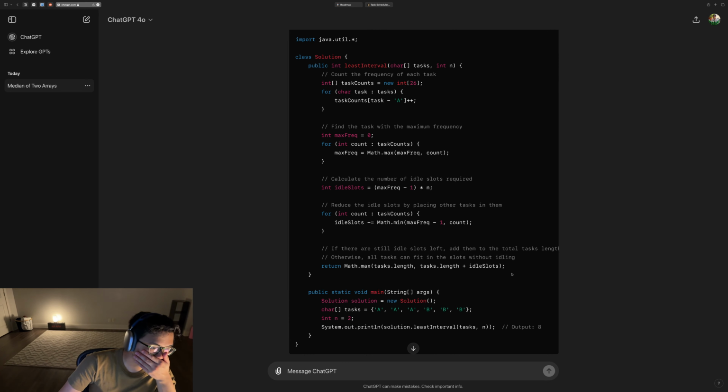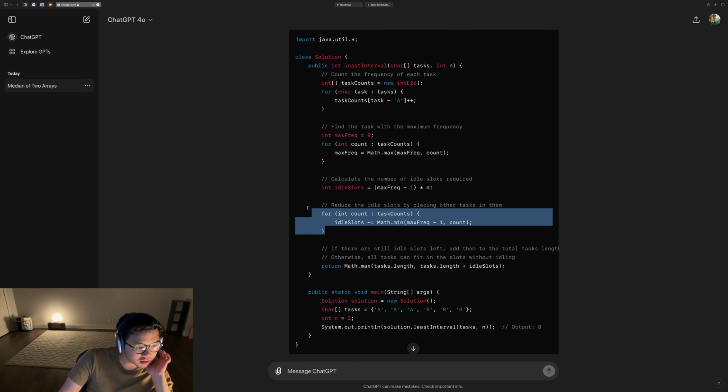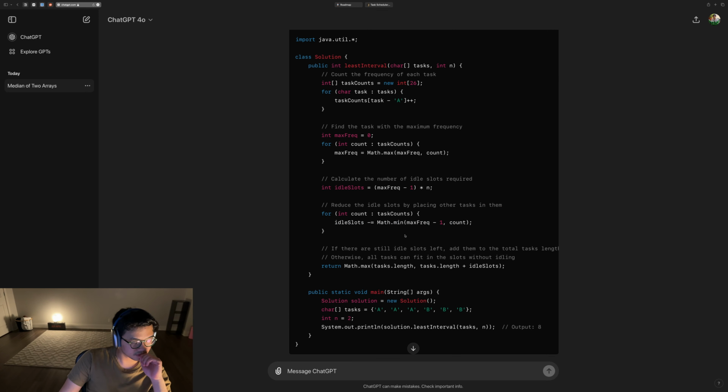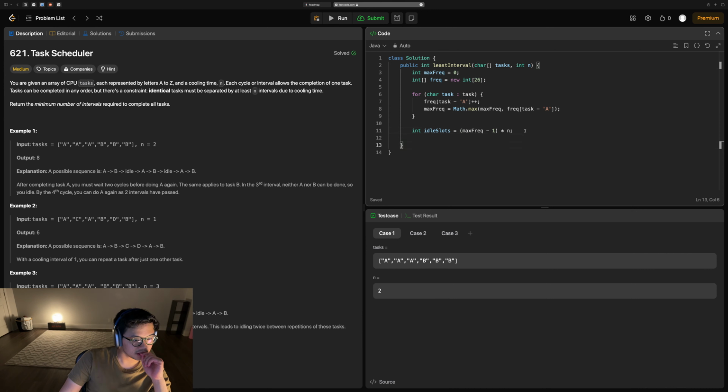Oh my gosh. So we count up the frequency of each letter. So we don't subtract 1 because of what I said. We subtract 1 because the max frequency minus 1 shouldn't include, or the idle slots shouldn't include the current character. And the max frequency has the current character, I think.